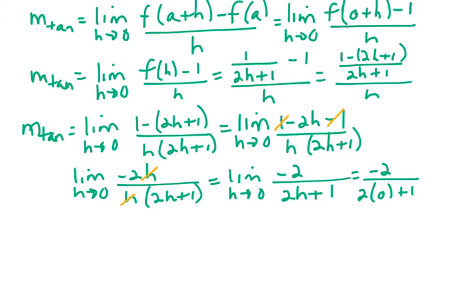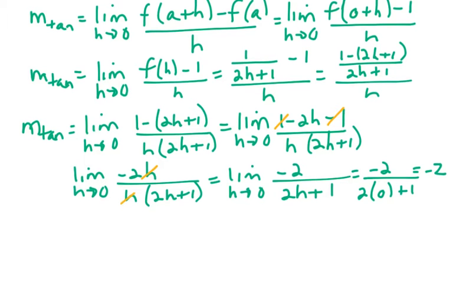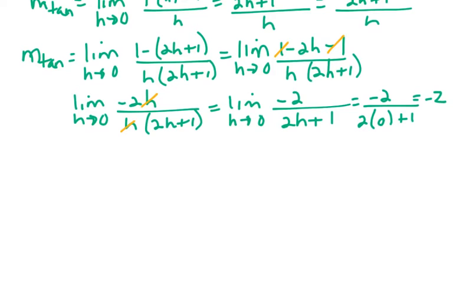And we're left with negative 2. So that's the slope of the tangent line at the point 0, 1 for the function 1 over 2x plus 1. So let's continue down this path and find the equation just as we did with definition 1.